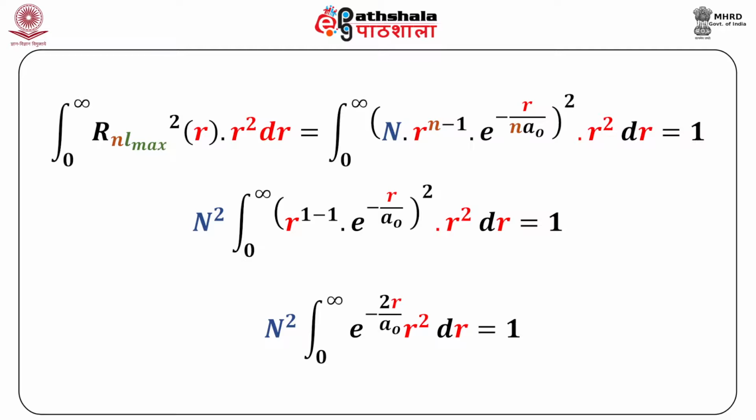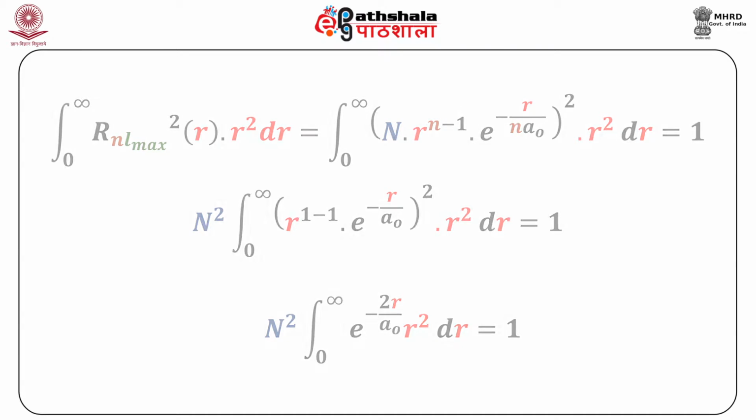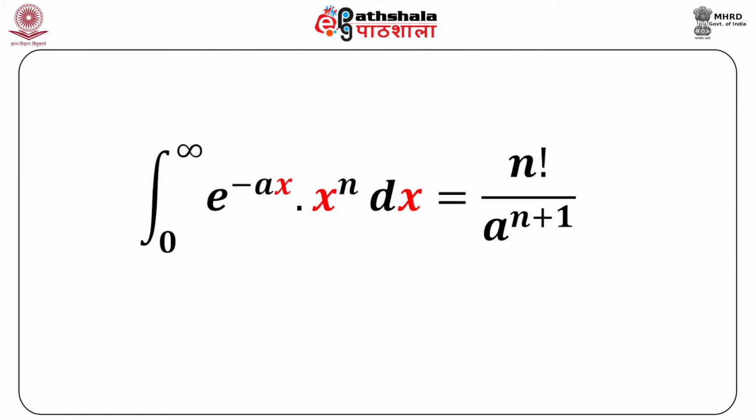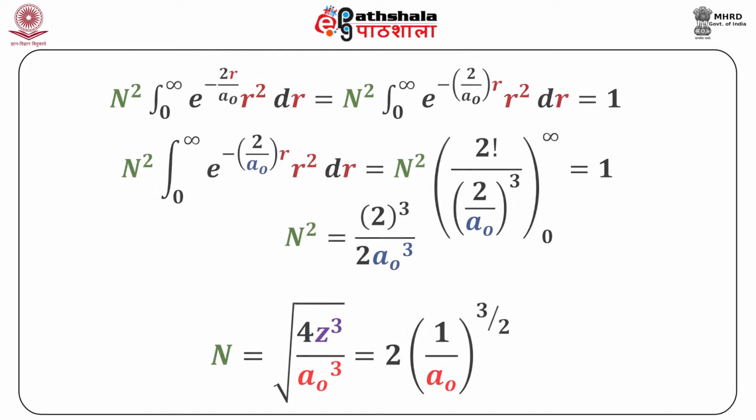Making these substitutions and solving the normalization equation using the standard integral, which we very often use in quantum mechanics, we ultimately find that the normalization constant N comes out to be 2 times (1/a₀) raised to the power 3/2.